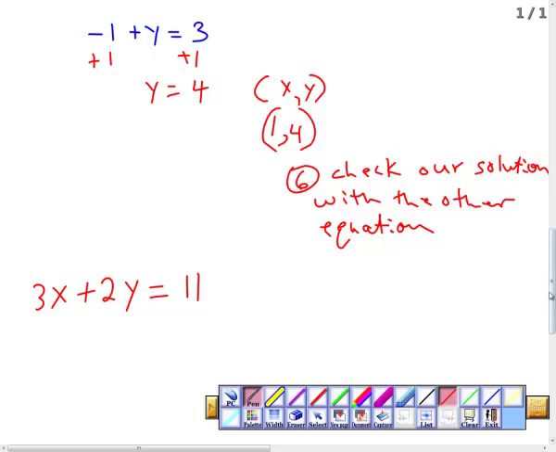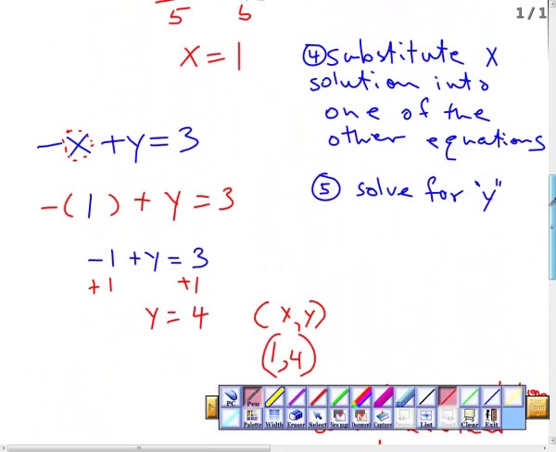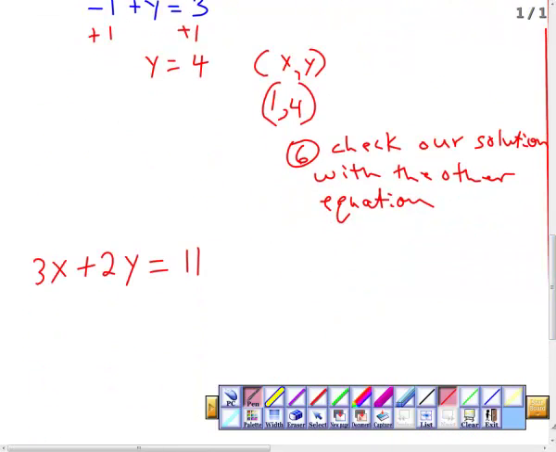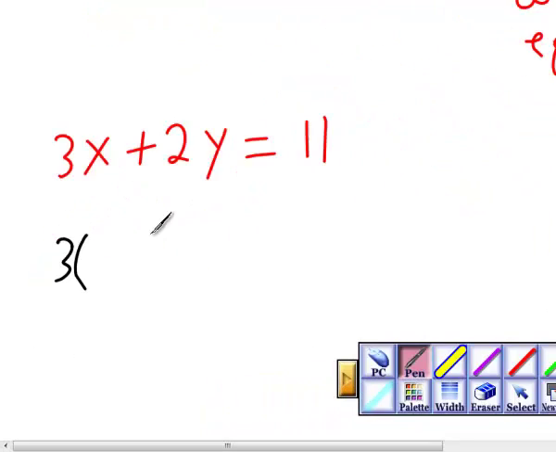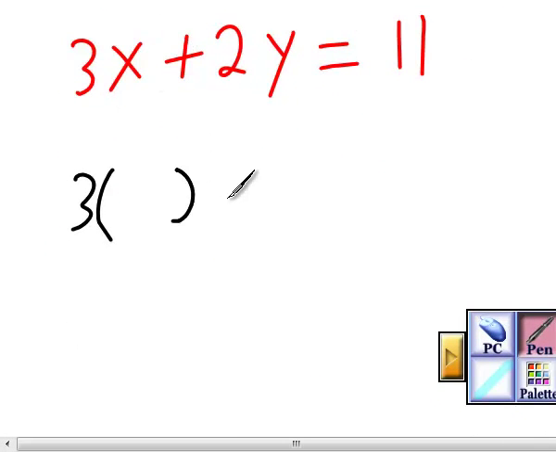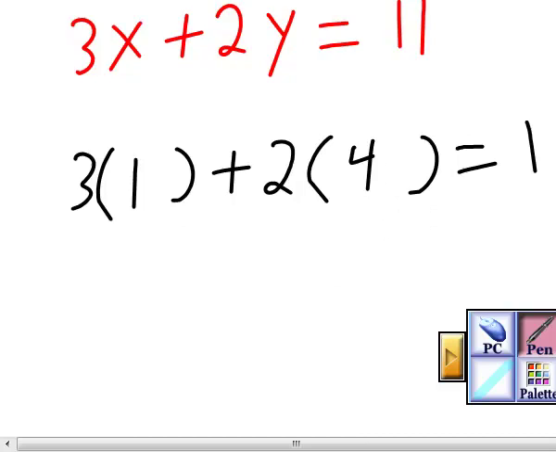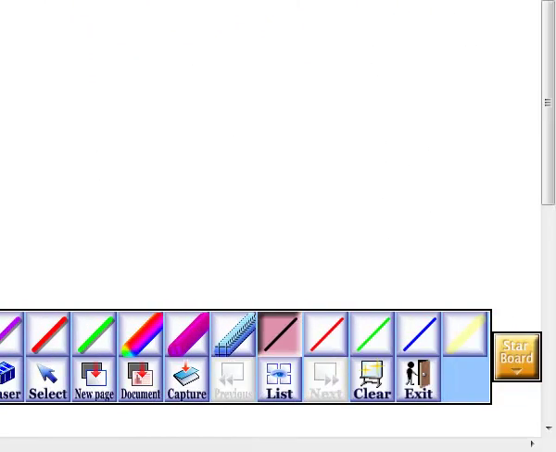And so we're going to substitute in our x and y. So it's like we're cutting out the x and the y, putting parentheses. Okay, and what's going to go in there for x? The 1. And the 4 is going to go in there for y. And if it checks, what should we end up with? Yeah, both sides should be equal, right?